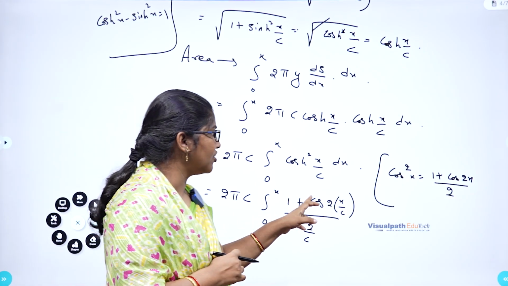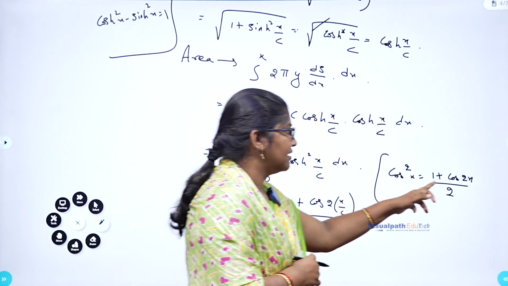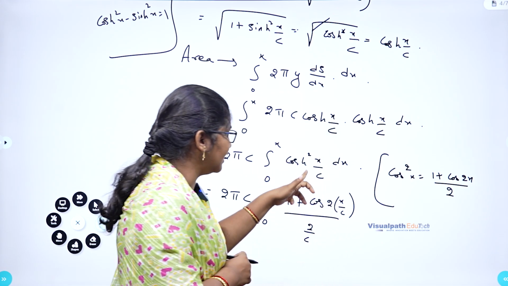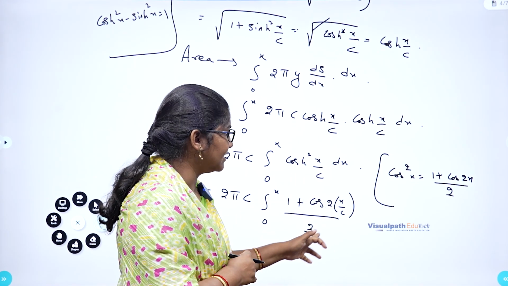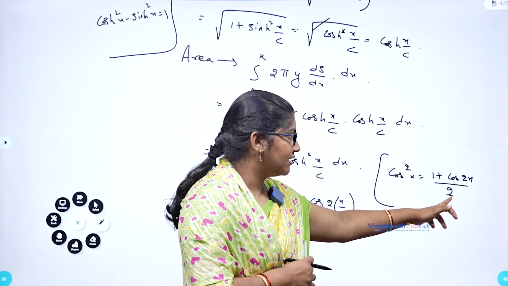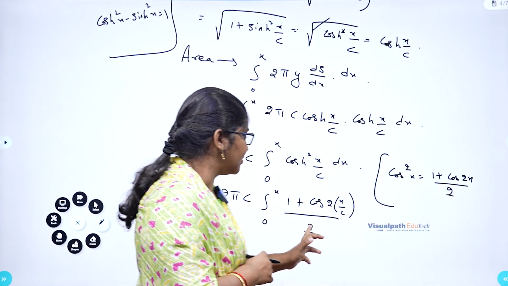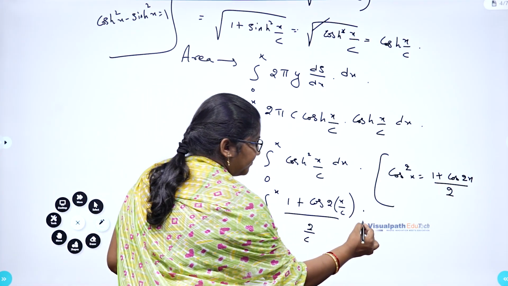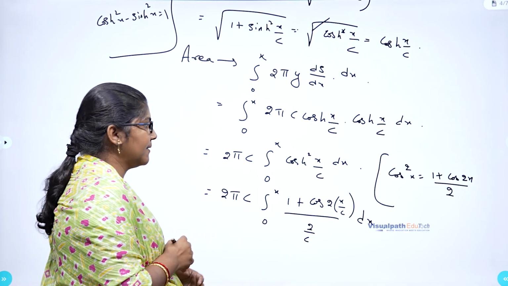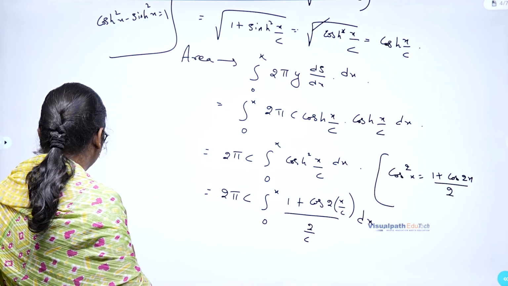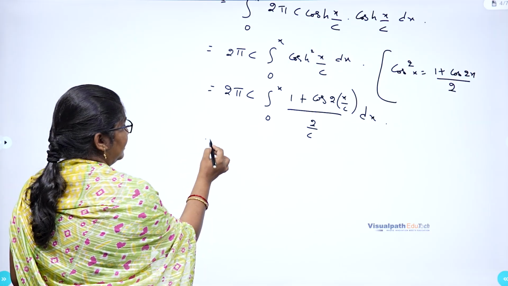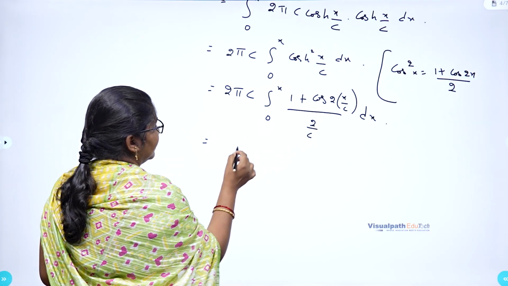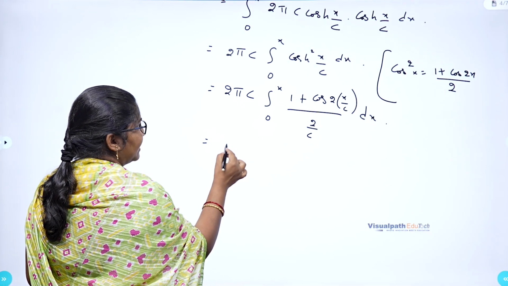What is a constant here? 2 is a constant. In place of the constant, we have 1 by c. That is the reason directly in place of 2, we can substitute 2 by c into dx. Afterwards we have to do integration. Separate that. This will go to the numerator, and 2 and 2 will get cancelled.